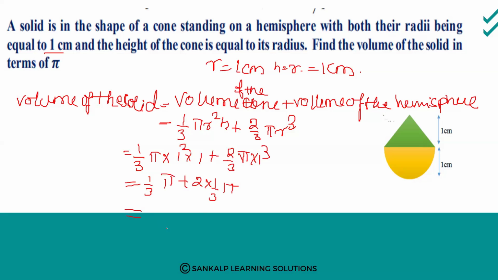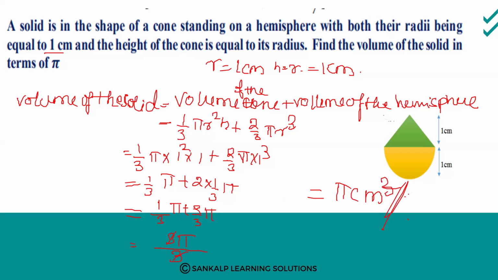Now 1 by 3 pi plus 2 by 3 pi. Here the denominator is the same, so 3 is in the denominator. 1 pi plus 2 pi is 3 pi. So 3 and 3 will get cancelled. This is pi centimeter cube, expressed in terms of pi. So this is the volume, right?